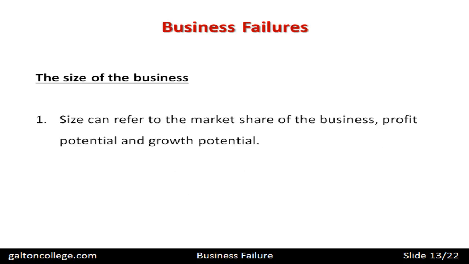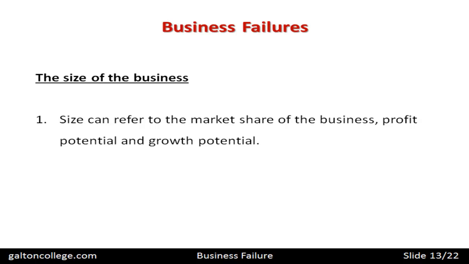Now, the size of the business. Well, size can refer to the market share of the business, profit potential and growth potential. So the size of the business, well, very small businesses, as I said right at the outset, tend to be more vulnerable. Larger businesses tend to be more stable.